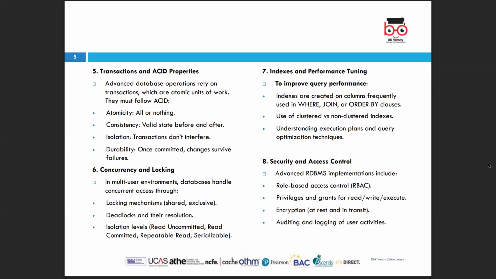Isolation means transactions don't interfere. Durability means once committed, changes survive any type of failure. Concurrency and locking: in a multi-user environment, the database handles concurrent access through locking mechanisms.